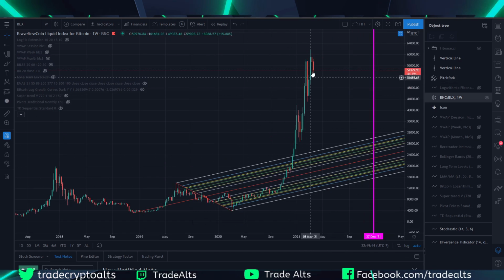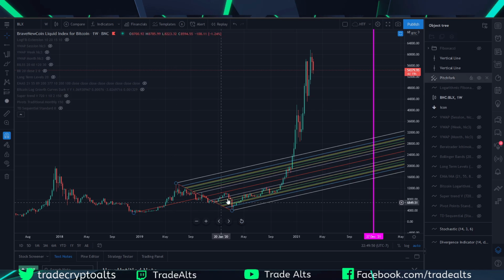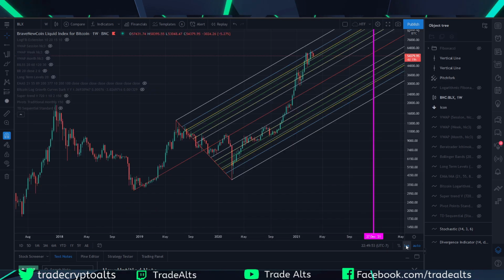This is just insane, and it gets a little bit harder when you're pulling fibs or doing stuff like that. But log scale makes it nice and uniform, a little bit easier when you have really high volatility, really drastic changes in price. Log scale is usually much easier to do your analysis on when you're looking at high time frames.